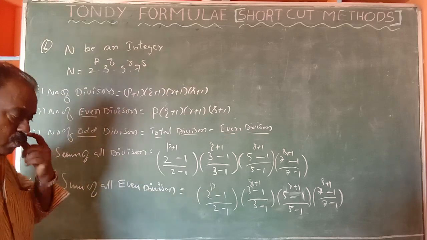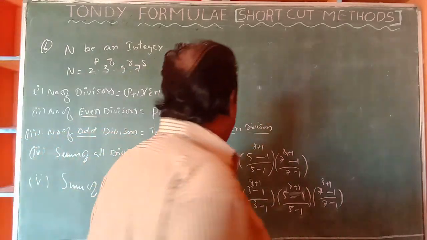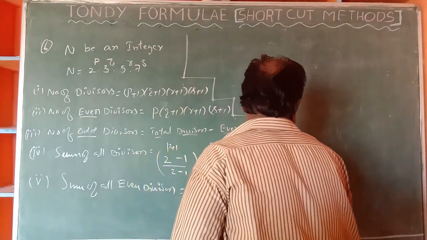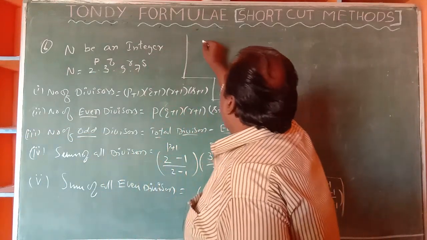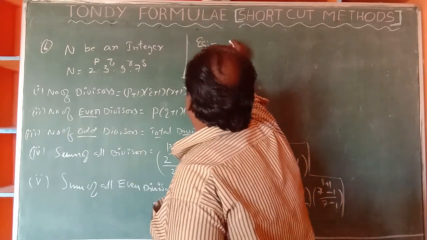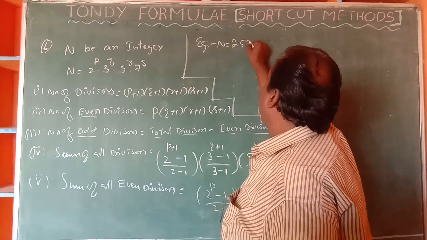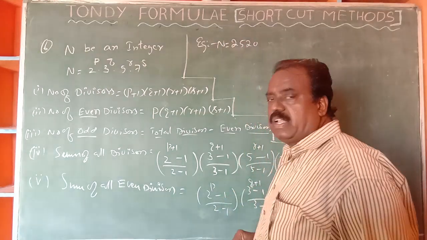Now we will go to one example. N is 2520. You take it like this.